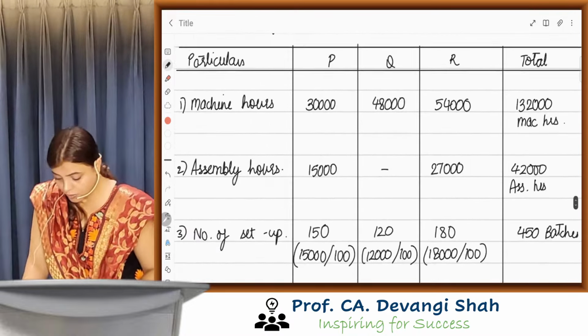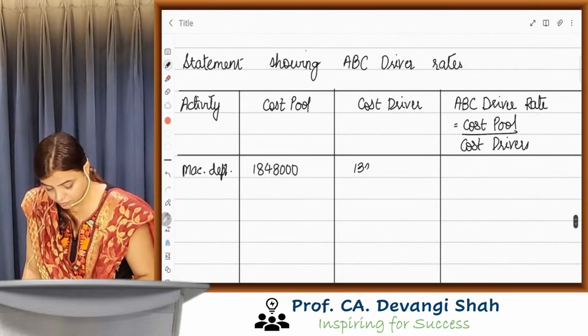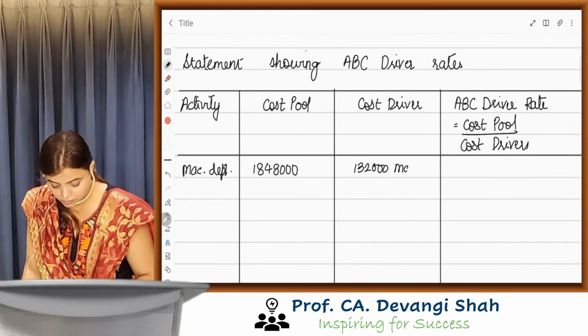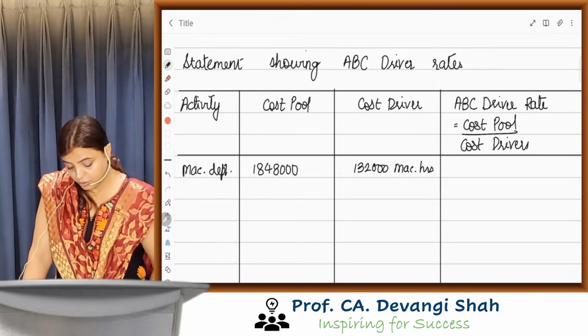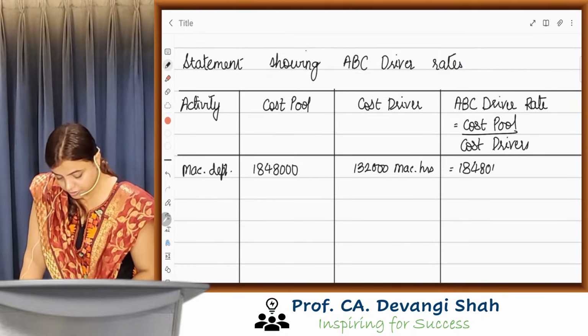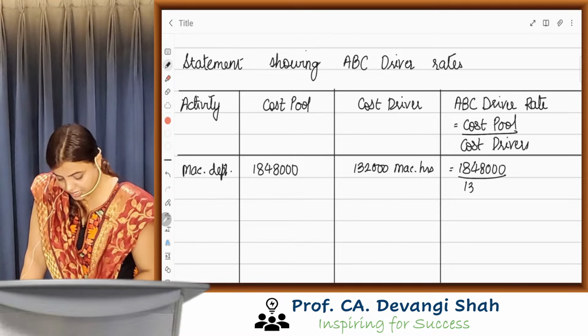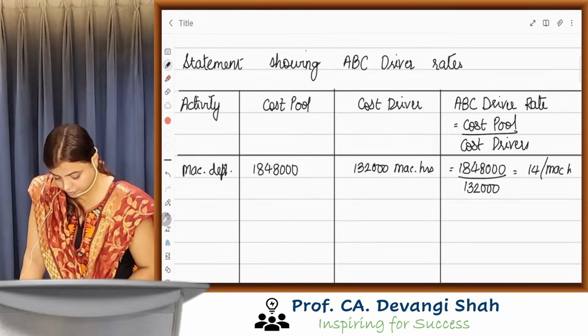Driver is 1,32,000 machine hours. हमने ऊपर कैलकुलेट किया है ये. डिवाइड करो 18,48,000 divided by 1,32,000 machine hours. You get 14 rupees per machine hour.